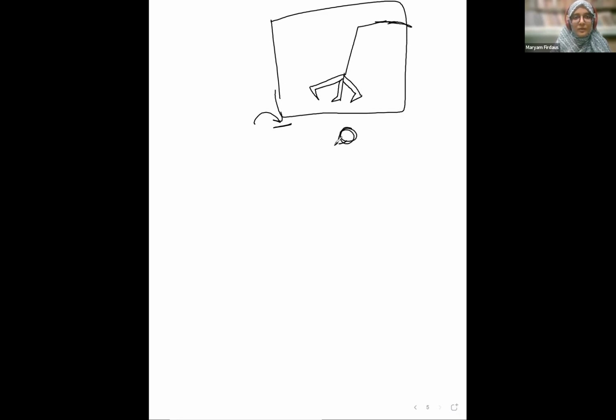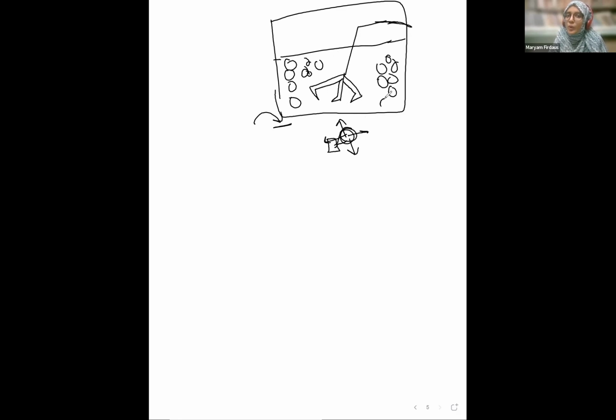It goes up and down. You can move this in all four directions, and this whole machine, this whole box, is filled with toys. You can see them through the glass window. Do you remember this kind of a game? Let me just show you.